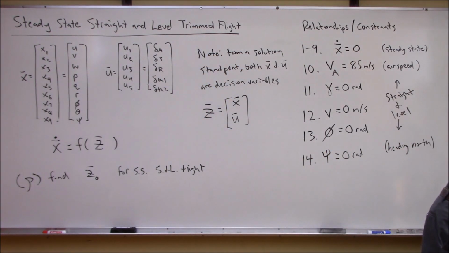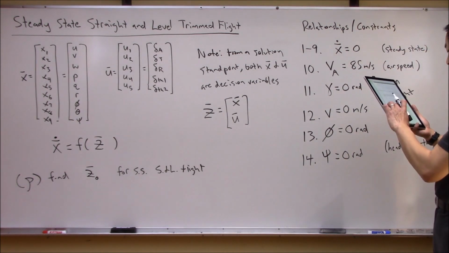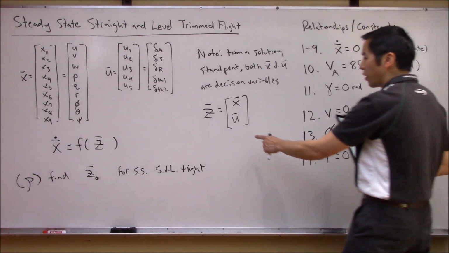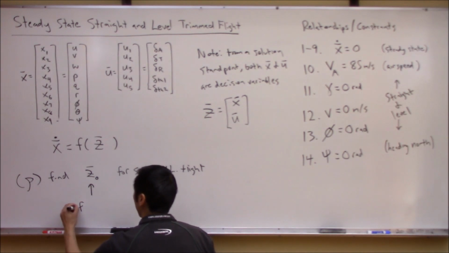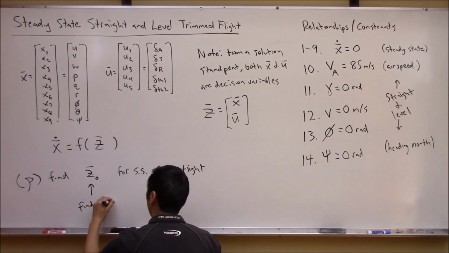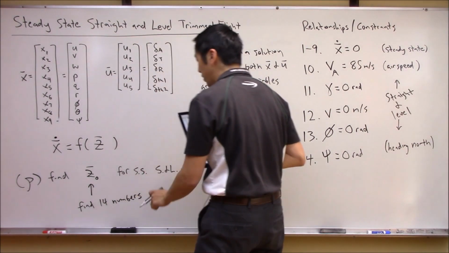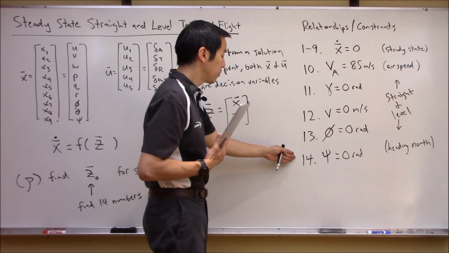So at this point, we're actually in a pretty good situation, right? If you think about this long enough, because what are we trying to do? We said there are 14 values, right? What I'm trying to do here is find these 14 numbers, or find a set of 14 numbers such that it satisfies 14 of these relationships, right?